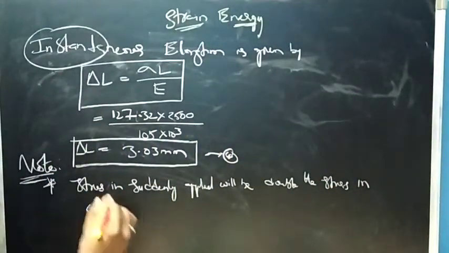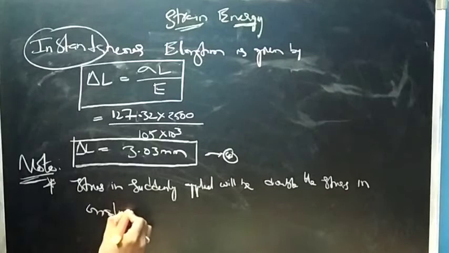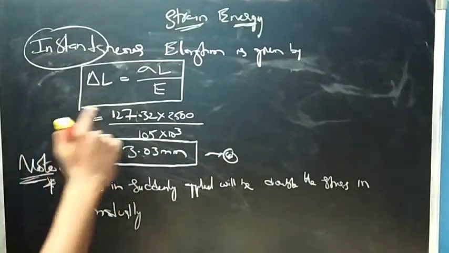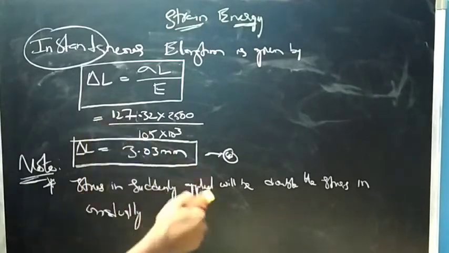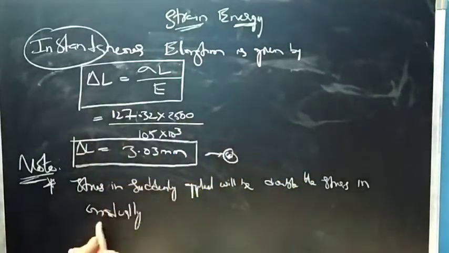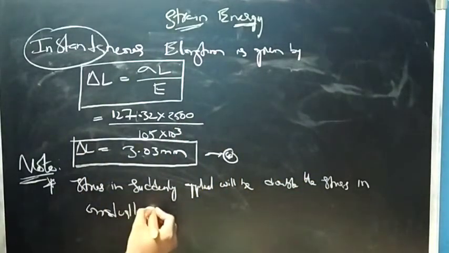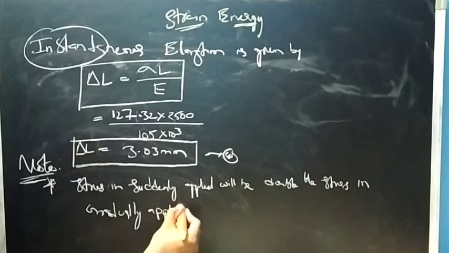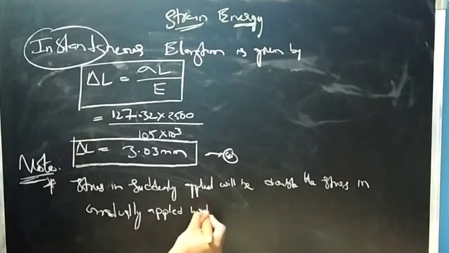So you have to remember, for gradually applied load the value is 63, and for the suddenly applied load it is doubled.